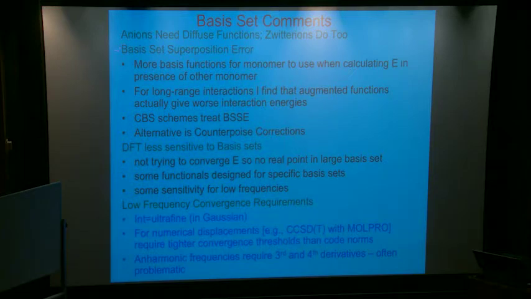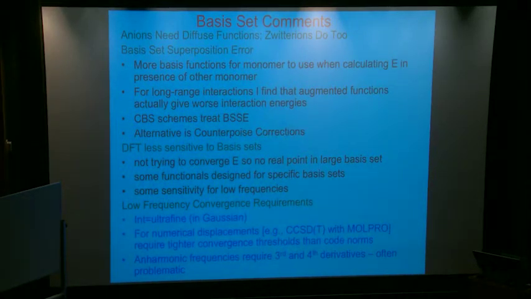Lots of people talk about basis set superposition error, and a lot of those comments aren't really correct. But let me describe to you what it means, so then you can judge for yourself what's right.